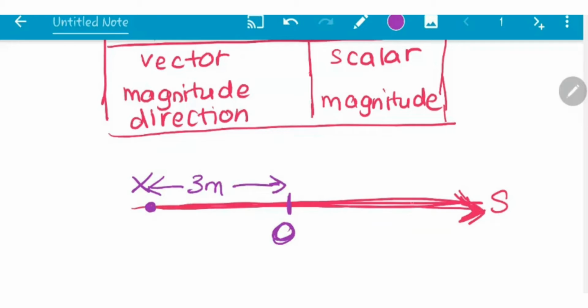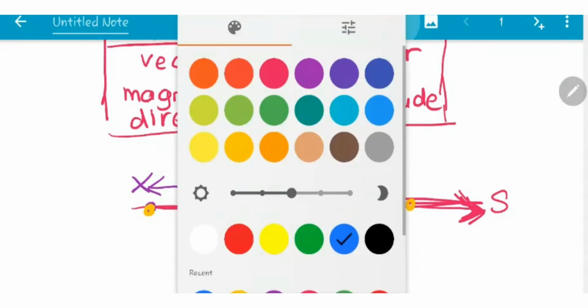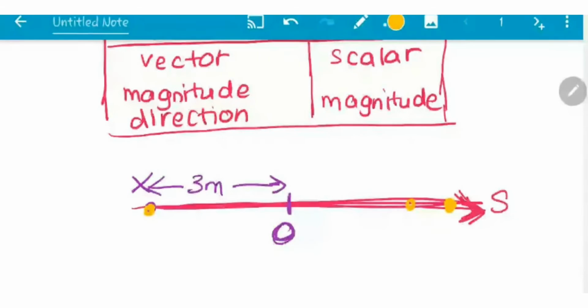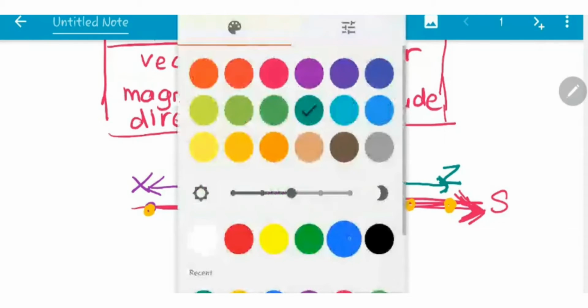Let's say I mark 1 more point here, this one Z. Jauh sikit, kat sini. This is Z. And the distance from here to here is 8 meter, for example.